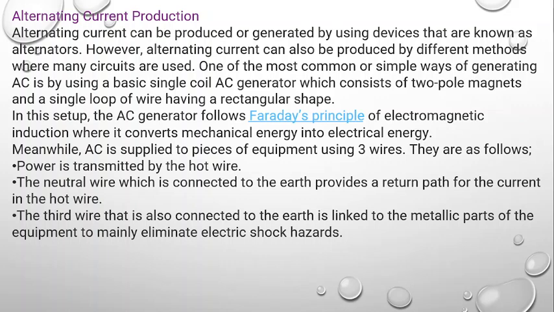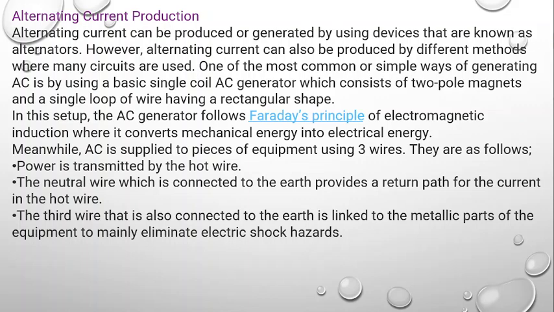One of the most common or simple ways of generating AC is by using a basic single coil AC generator, which consists of two pole magnets and a single loop of wire having a regular shape. In this setup, the AC generator follows Faraday's principle of electromagnetic induction, where it converts mechanical energy into electrical energy.